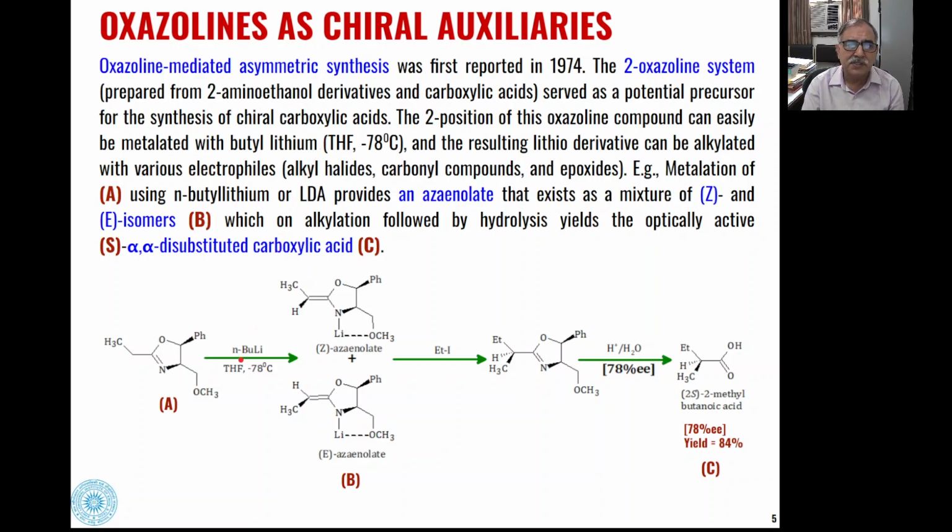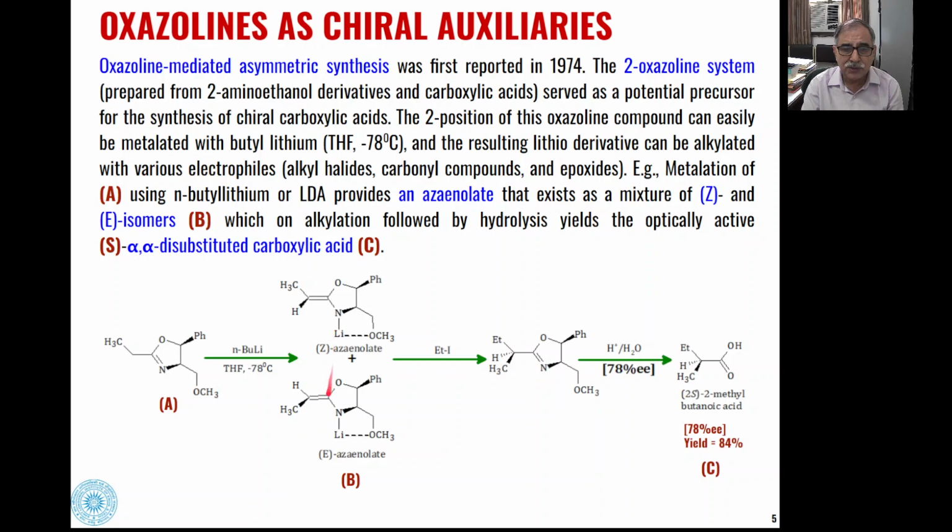Now, basically, what is done is that we undertake the metallation of these types of 2-oxazoline systems when these are treated with a strong base like n-butyl lithium at a very low temperature of the order of minus 78 degrees centigrade.